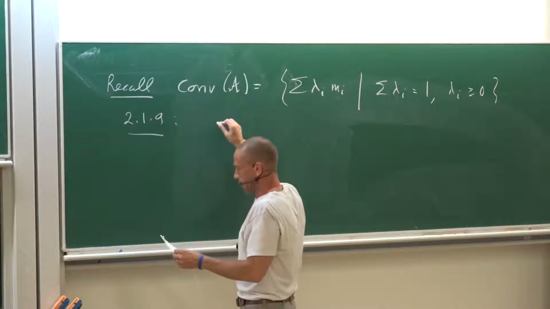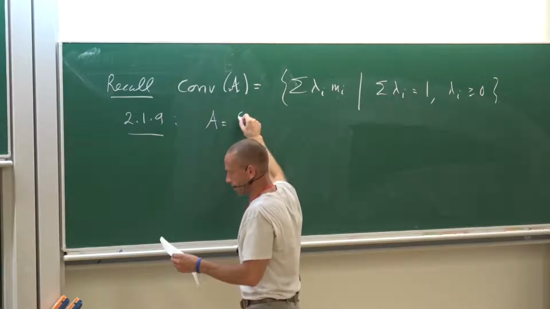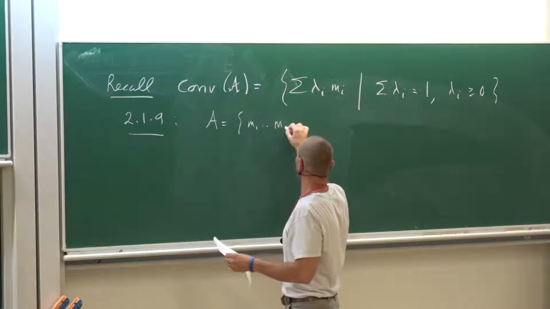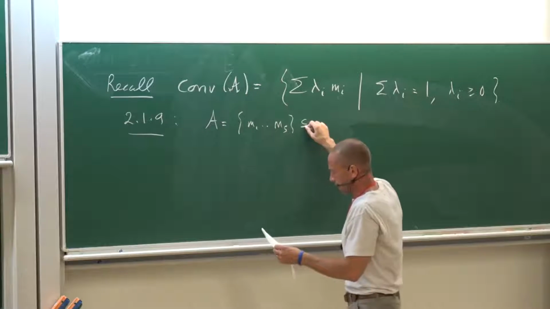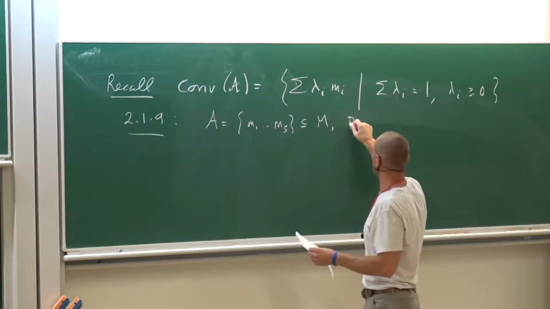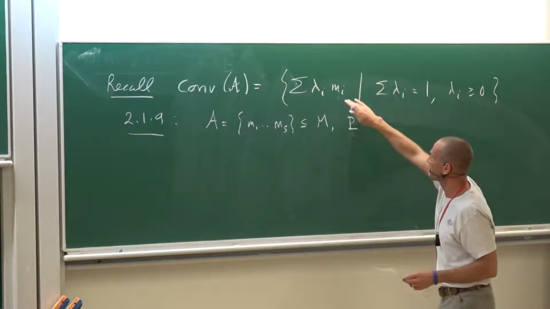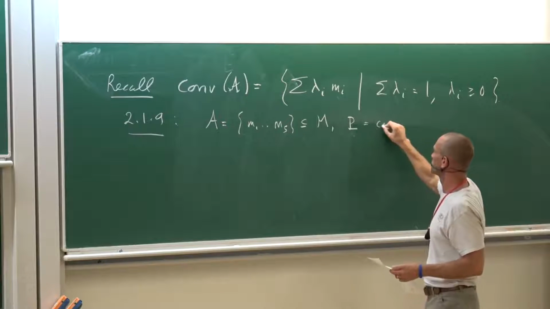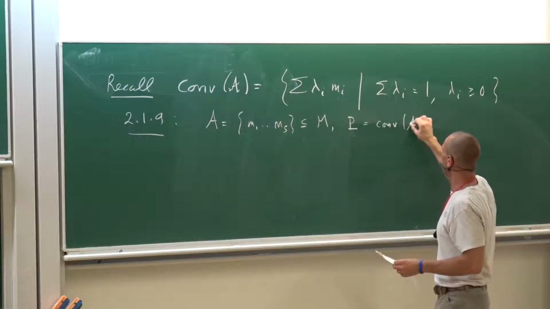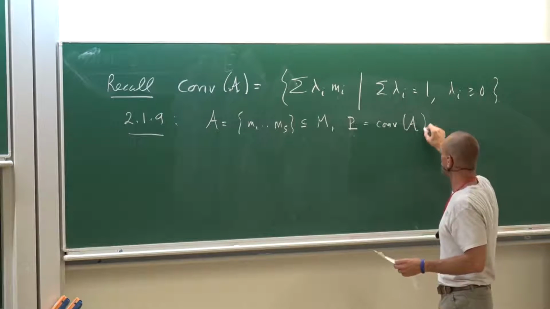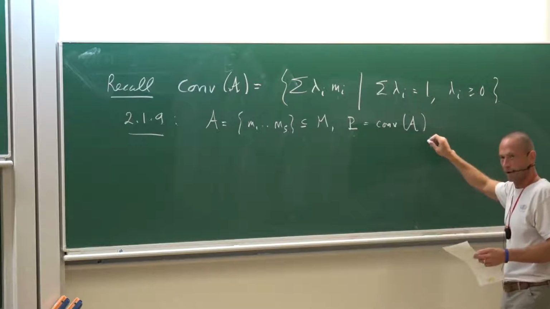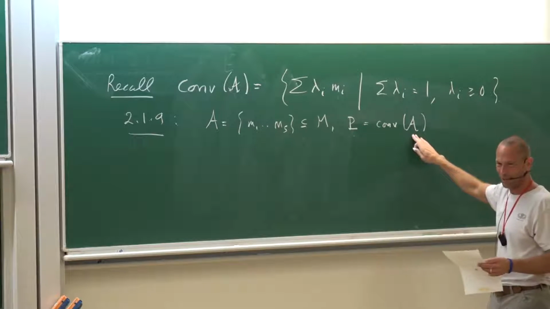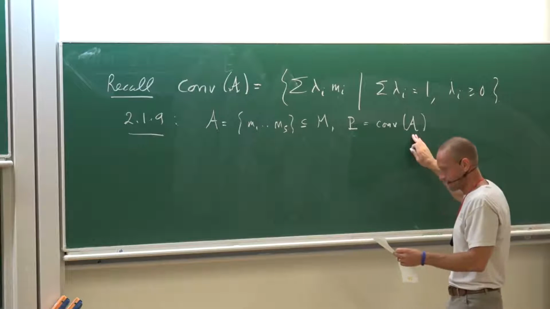If A is equal to M1 through MS, take M and P. So I take a polytope, which is the convex hull of these points. Convex hull of A. My A's are all supposed to be curly, to address the objection the other day about curly A's and straight A's.